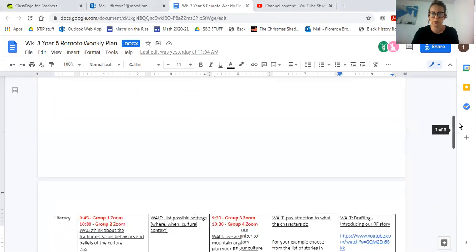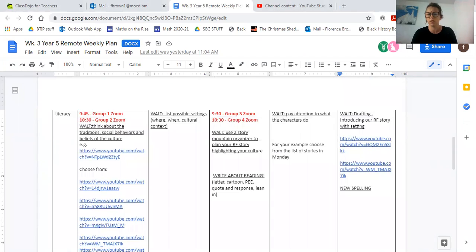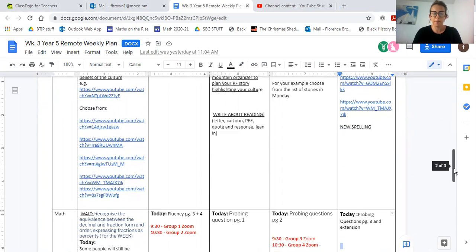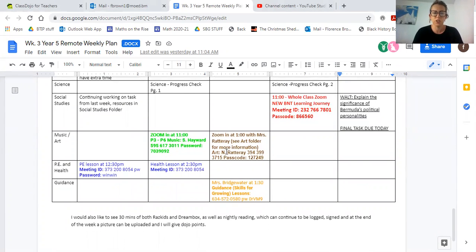Today I'm going to be meeting with group 2 and group 3 and group 4 at 9:30 and 10:30 for a literacy Zoom with them. And then you're also going to be in Zoom with Miss Rattery for art at 1, and then Miss Bridgewater for guidance at 1:30.